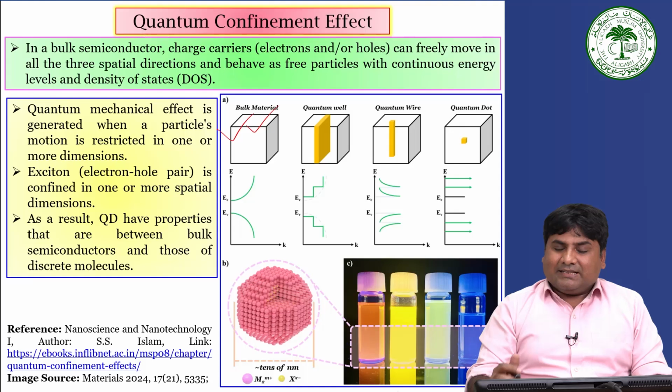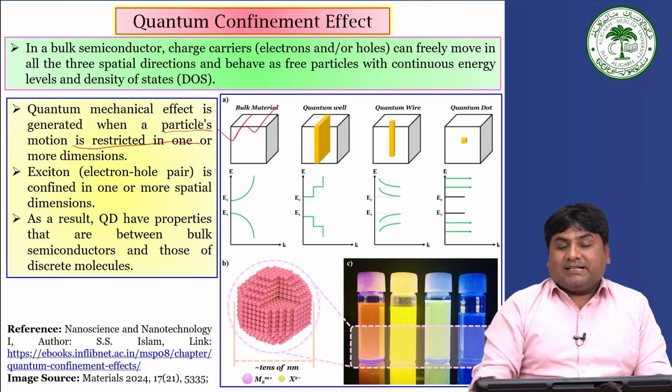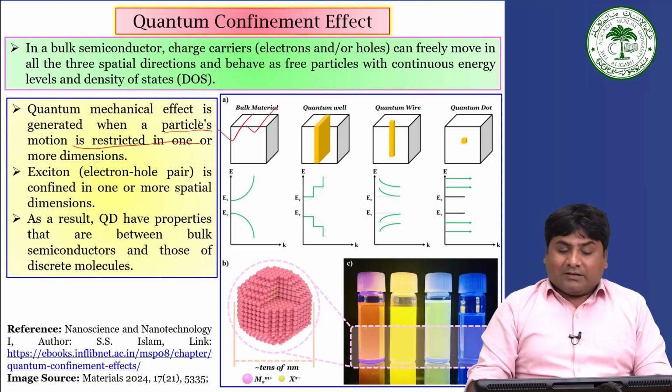So this shows the continuous energy levels. But the quantum mechanical effect is observed when a particle's motion is restricted in one or more directions. Here, particles means electron.